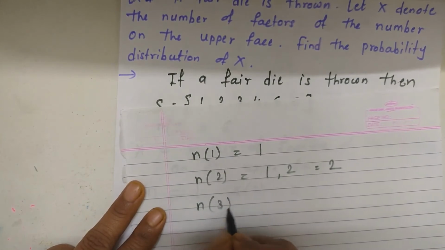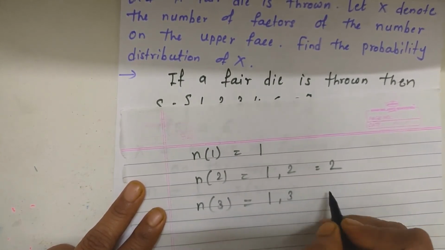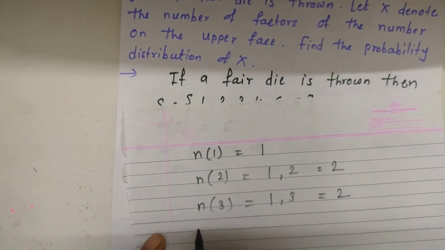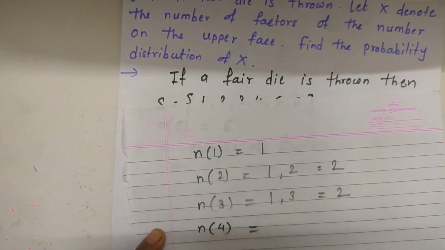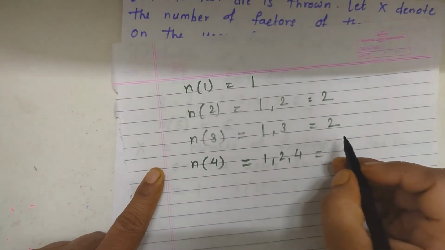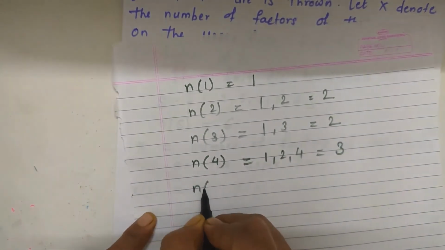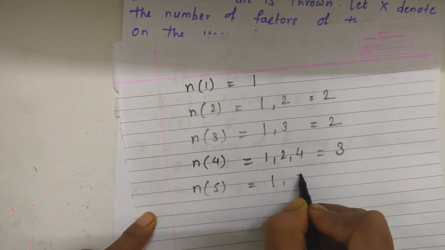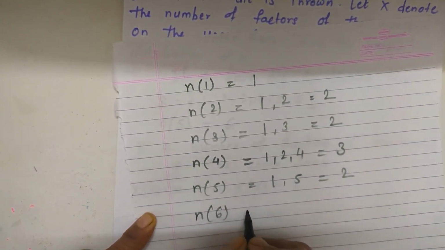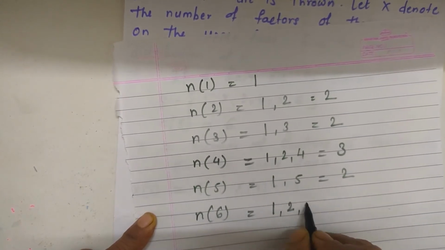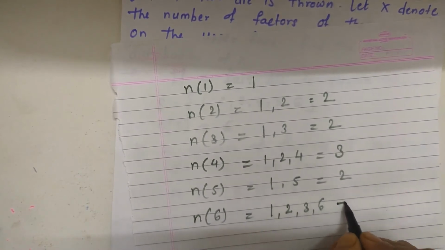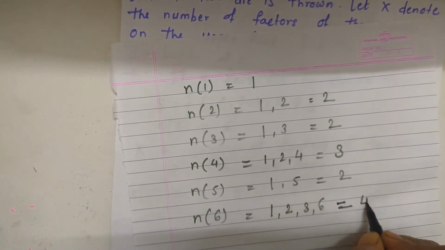Number of factors of 3, 1 and 3, that is, 2. The number of factors of 4 is 1, 2 and 4, that is, 3. Number of factors of 5 is 1 and 5 only, so 2. Number of factors of 6 is 1, 2, 3 and 6, so the number of factors is 4.